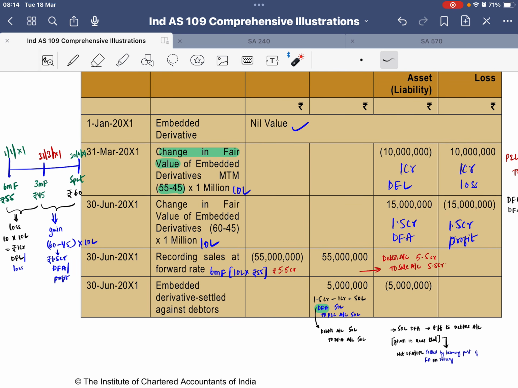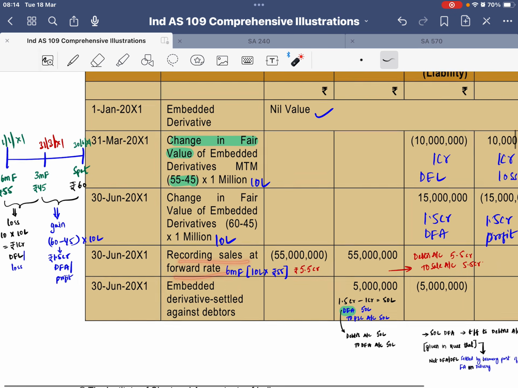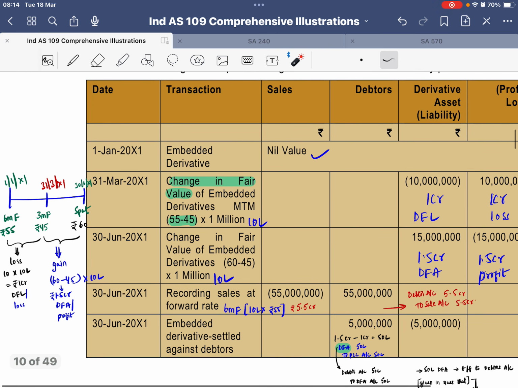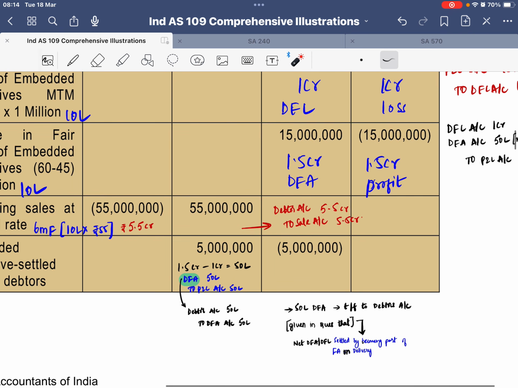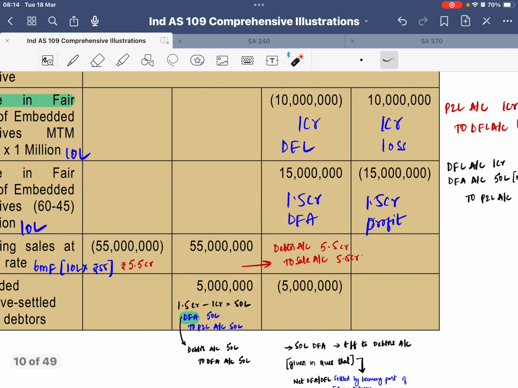On 30th June 20x1, recording sale at the forward rate, which is $10 lakh into rupees 55, which gives 5.5 crore. Debtors account debit to sales account. The embedded derivative is settled against debtors, which is 1.5 crore of DFA minus 1 crore of DFL, which gives 50 lakhs.